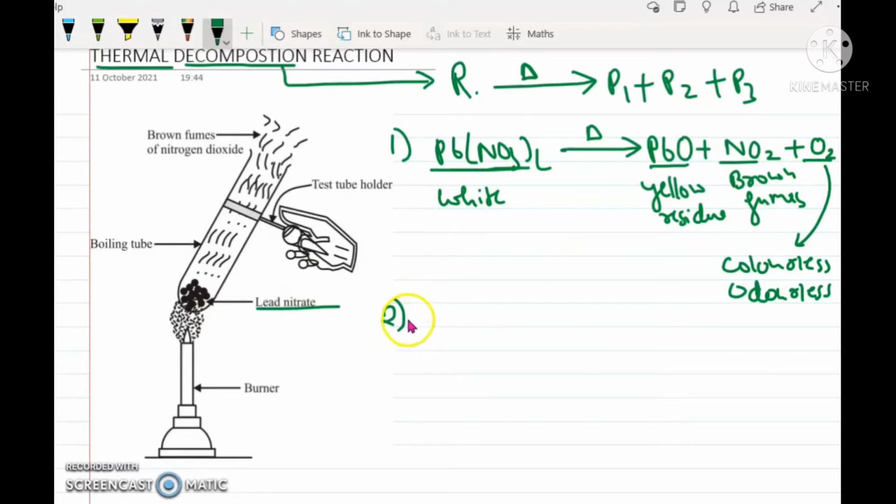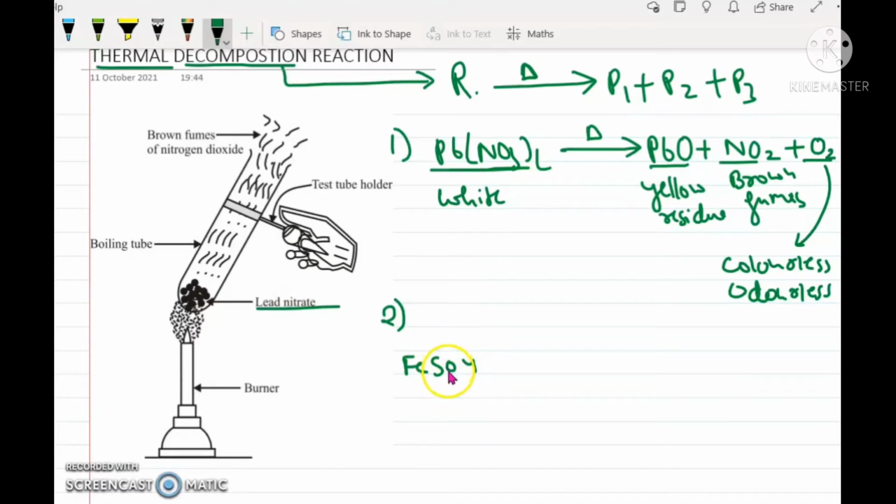Coming to the next thermal decomposition reaction, we'll be talking about the thermal decomposition of ferrous sulfate. Now, in the NCERT book, they have started the reaction with FeSO4, that is ferrous sulfate crystals.